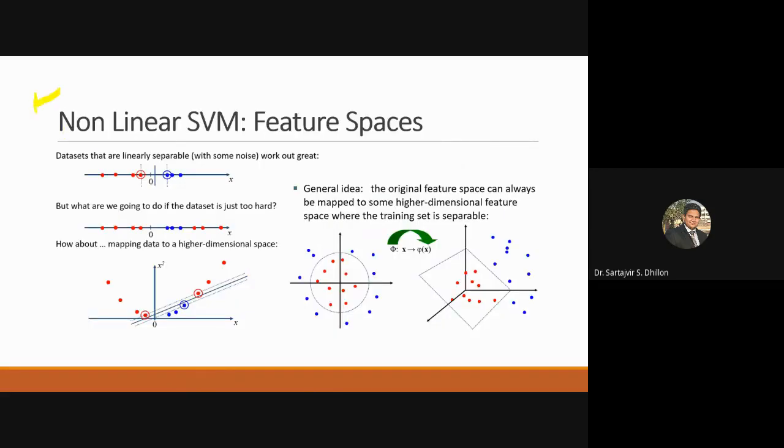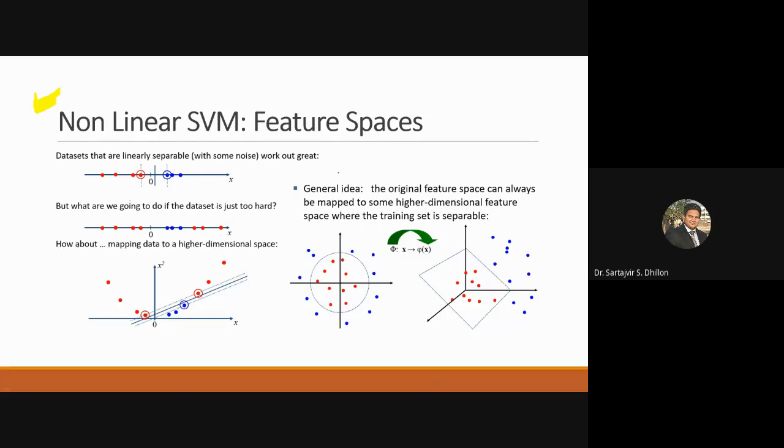Now, up to here we have done the linear support vector machines, and there is another, non-linear SVM, in which the datasets are not linearly separable. Here you can see some examples related to the support vector machine.